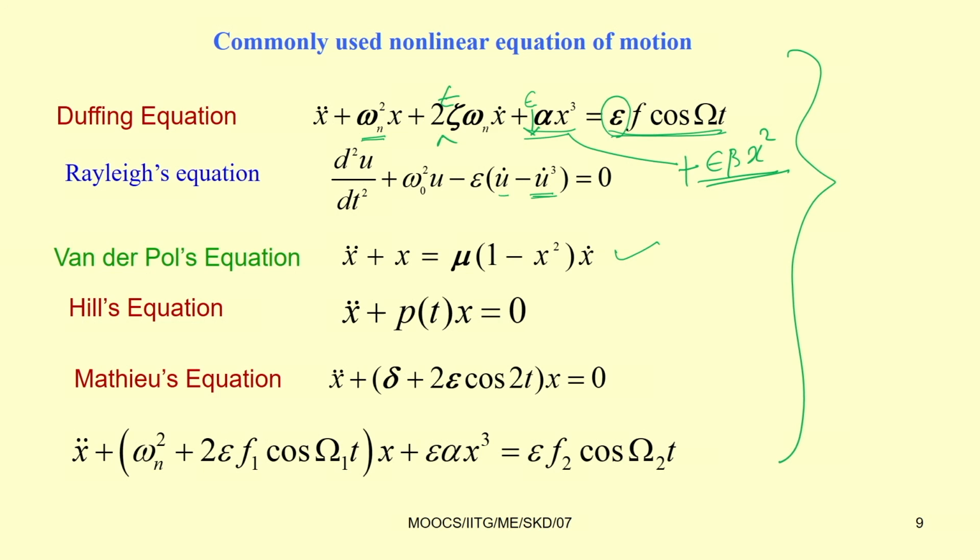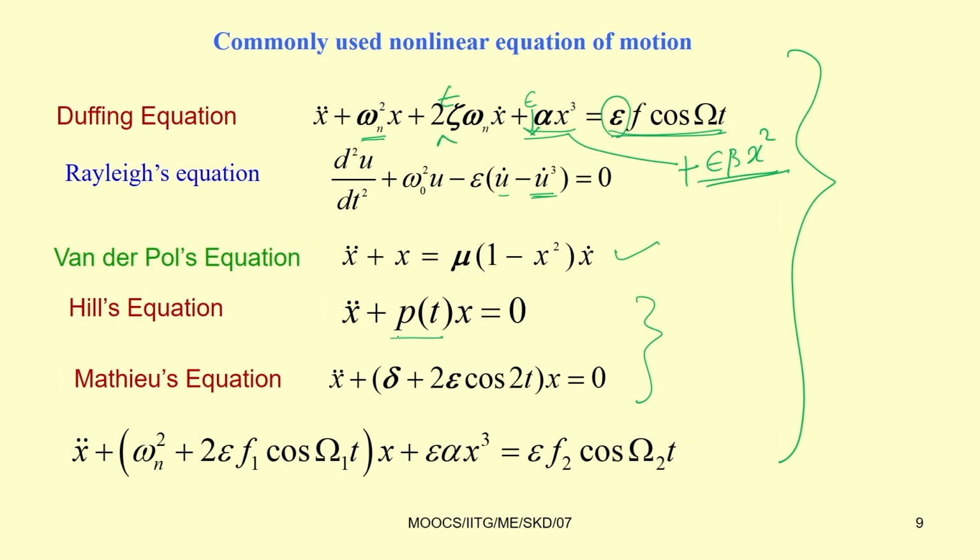Similarly, we can write another equation, Hill's equation, and the Mathieu equation; these are particularly for parametrically excited systems. In Hill's equation we have a periodic coefficient: x double dot plus p(t) x equal to 0.